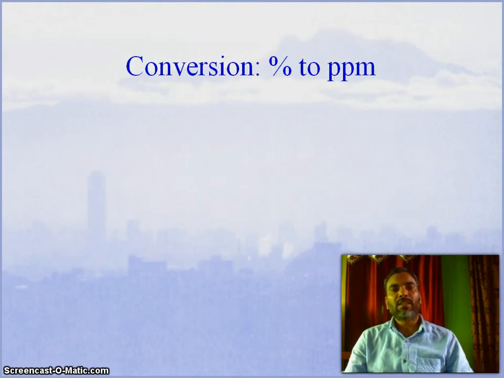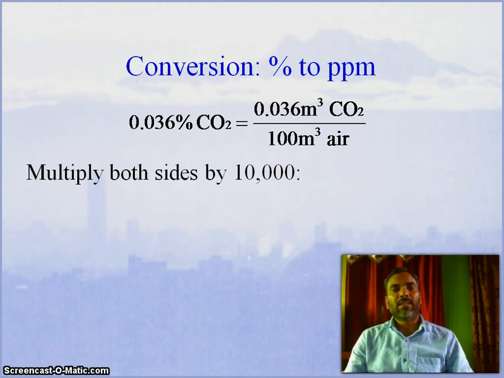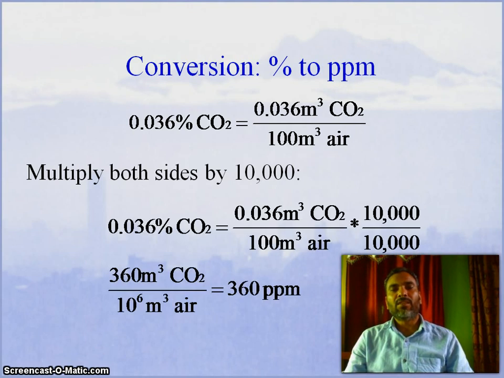How do you convert percentage to ppm? You have 0.036% CO2. So convert it: 0.036 cubic meters carbon dioxide in 100 cubic meters air. Multiply both sides by 10,000, then you will get 360 cubic meters CO2 per 10 to the power 6 cubic meters air, and it becomes 360 ppm.